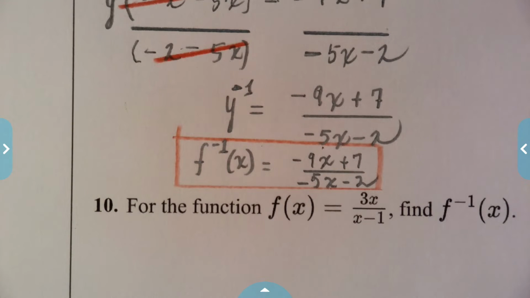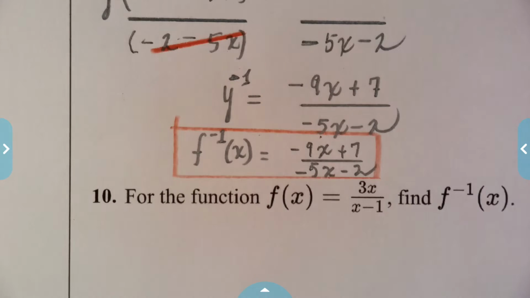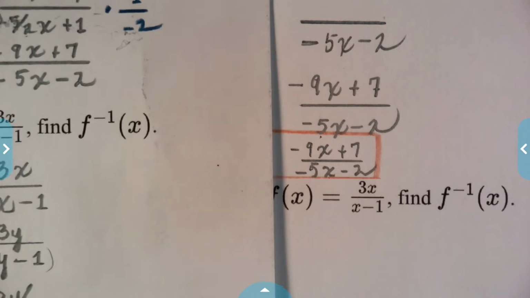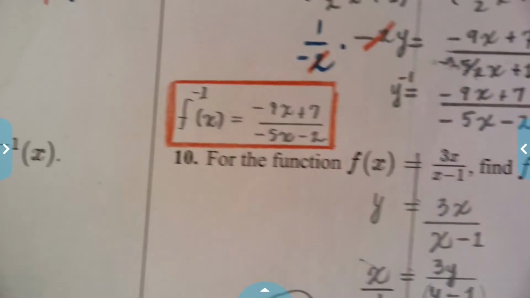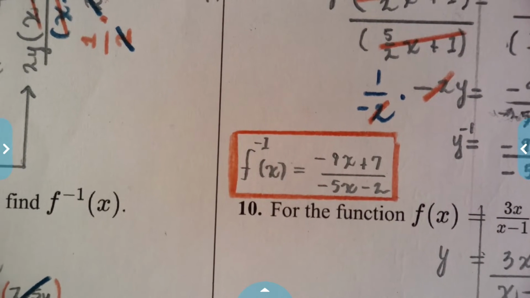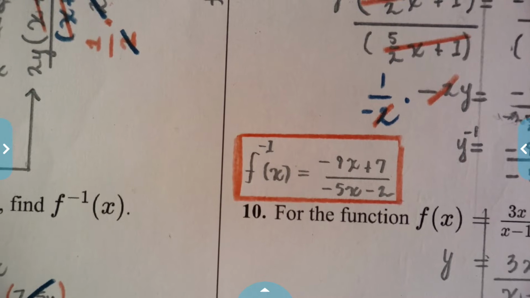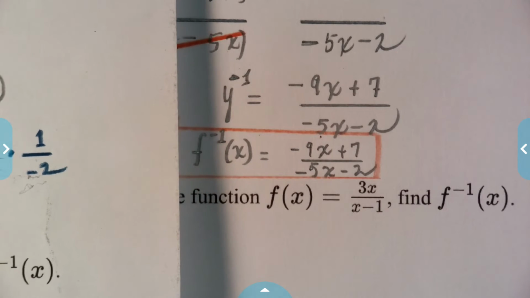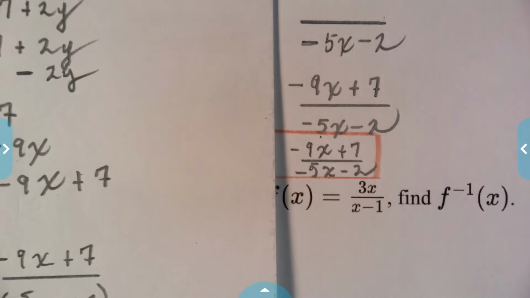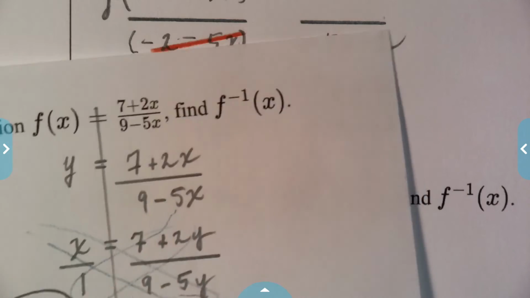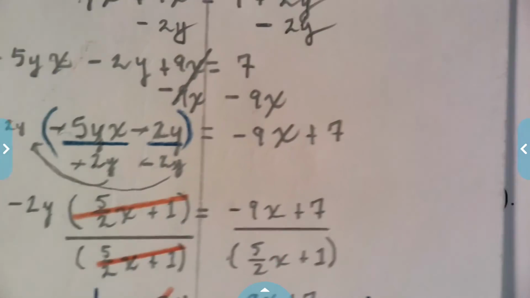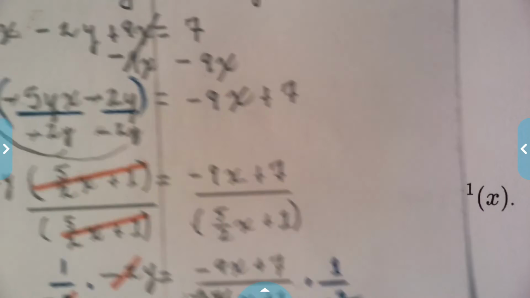All right, now give me just a second to compare that with the other version of the problem. Now I got the same answer here. You see, negative 9x plus 7 over negative 5x minus 2. I did the problem a different way the first time, but ended up with the same answer.